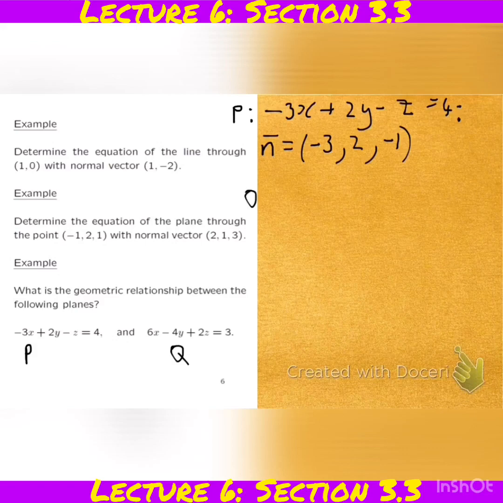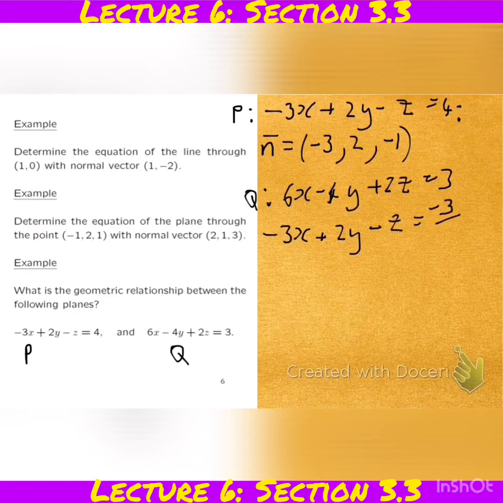Now, if we look at the plane Q, which is 6x minus 4y plus 2z, this is equivalent to the plane, if I divide through by minus 2, minus 3x plus 2y minus z is equal to 3 over minus 2.